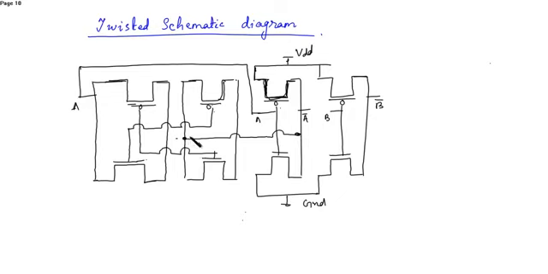This is A bar. Now the output is this drain, these two drains. So these two drains are again shorted in order to get the output out. You can see the schematic is looking a bit clumsy, but you can draw the layout from this schematic.